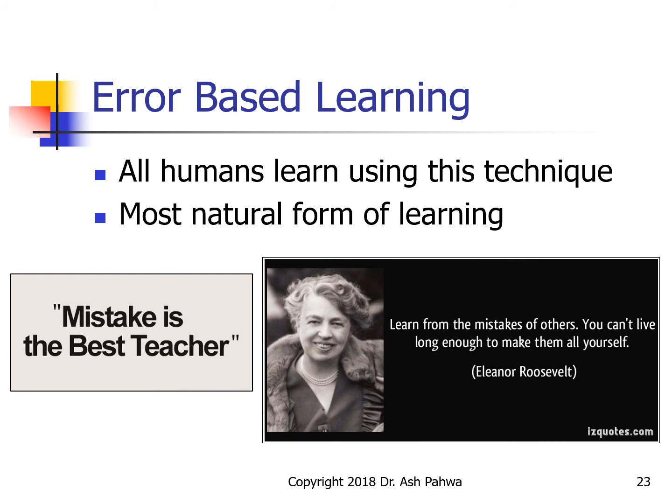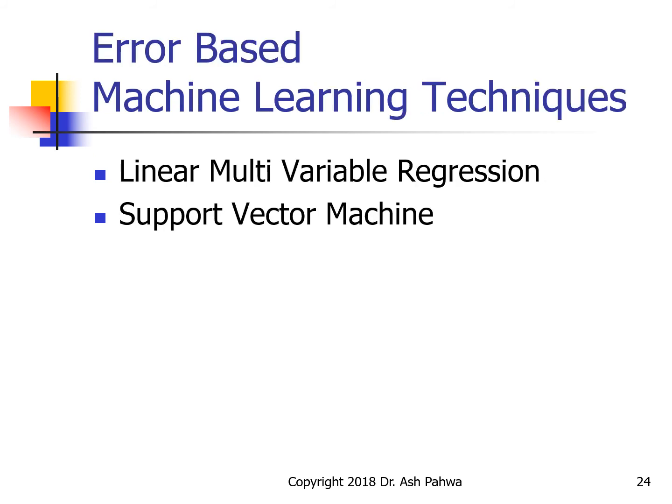And also another quote from Eleanor Roosevelt: learn from the mistakes of others. You can't live long enough to make them all by yourself. So that is the most natural form of learning, and the machine basically learns from this strategy. There are two modeling methods that use this technique: linear multivariable regression and also support vector machine. Later on, we are going to cover these modeling methods in a lot more detail.